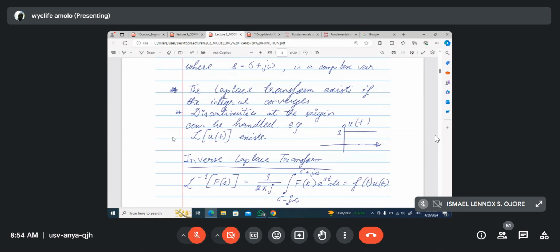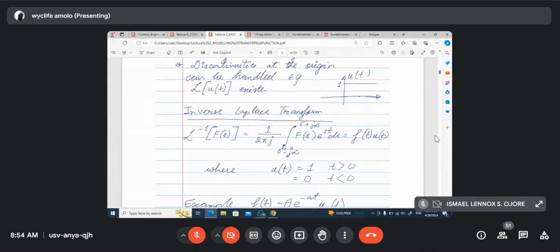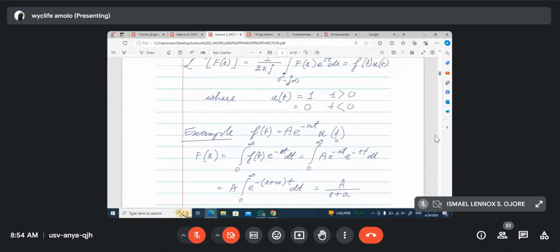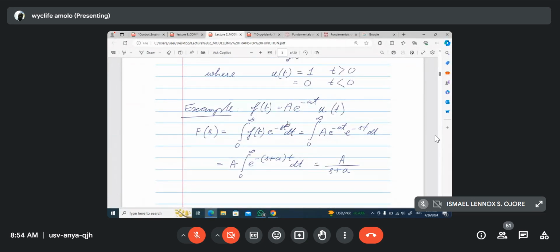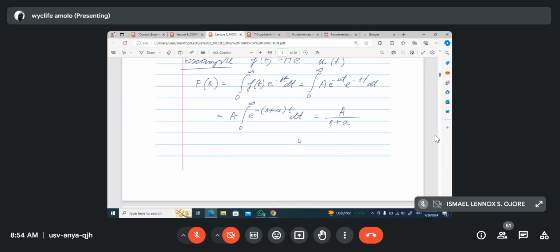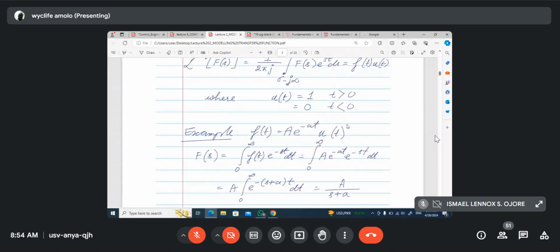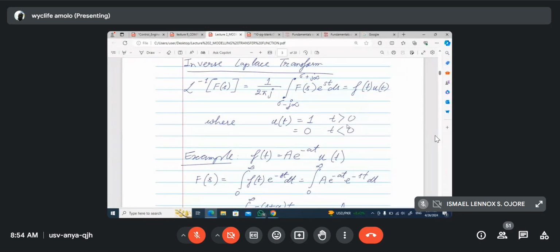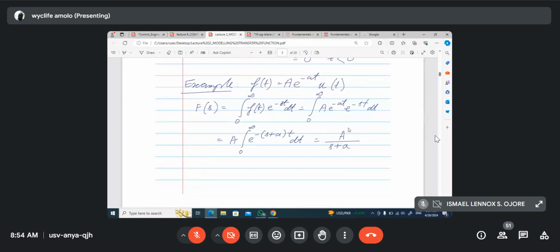It's a complex variable, and the unit step function can also be Laplace transformed easily. It is a over s plus a.